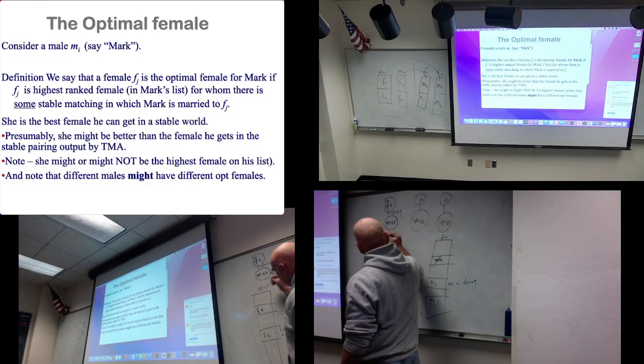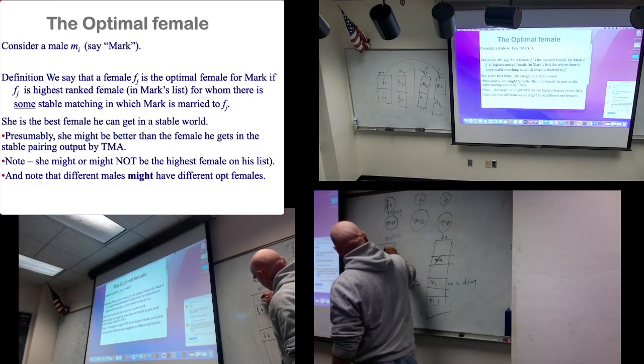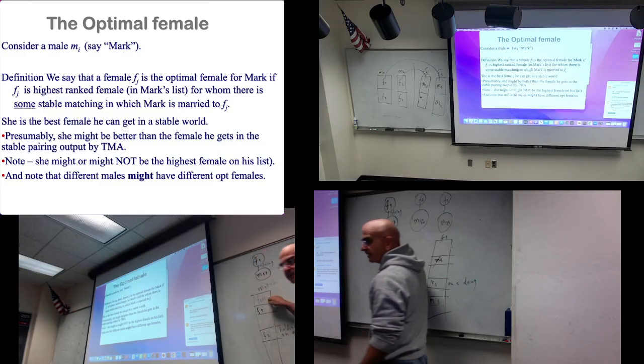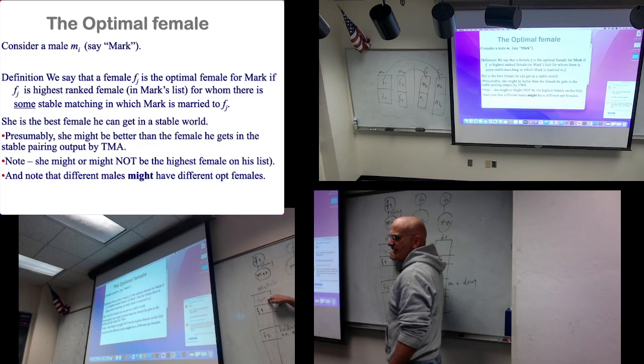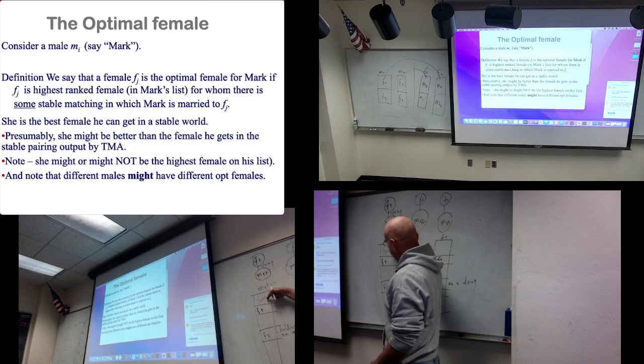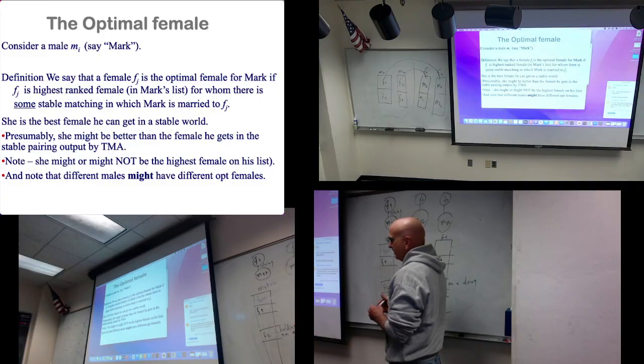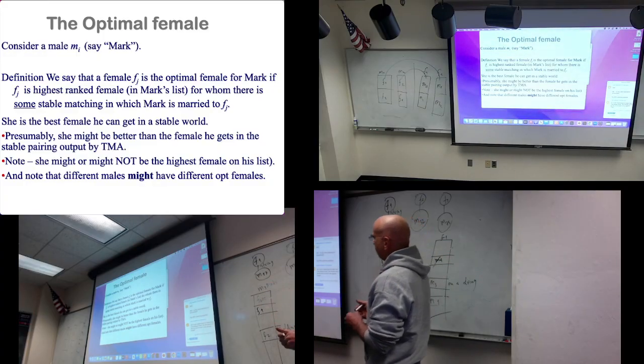Female 200 is his absolute top. But she has so many other options. She's so popular and so attractive that she's way, way out of his league. No matter what, in no stable matching can he get female 200.